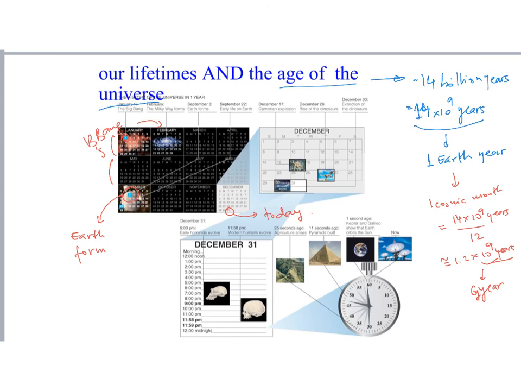And you can calculate the weeks. You can divide by 4 to find the equivalent of 1 cosmic week, thinking that there are about 4 weeks in 1 month, right? So it took basically 3/4 of a gigayear for life to show up, to form on the Earth.